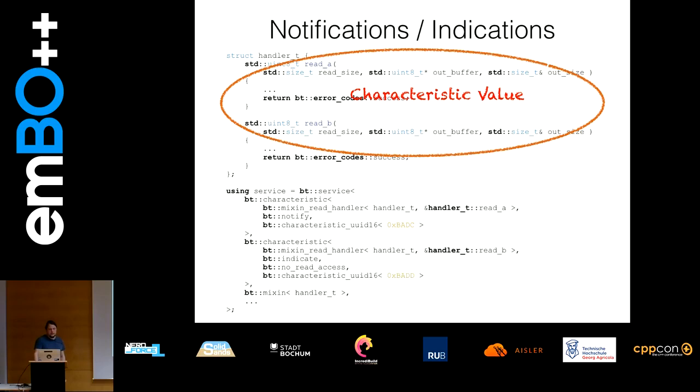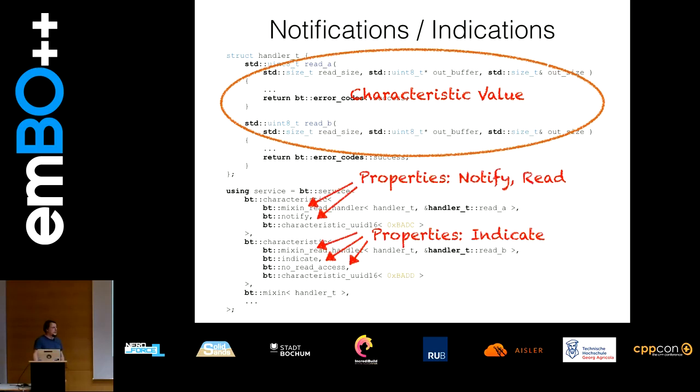Adding a read handler and a notify or indicate property to the characteristic is all that is needed to enable a characteristic for notifications or indications. So just this is required. And again, here we can just remove the read access. So the second characteristic will just have the property to be indicated, but you cannot read from it.